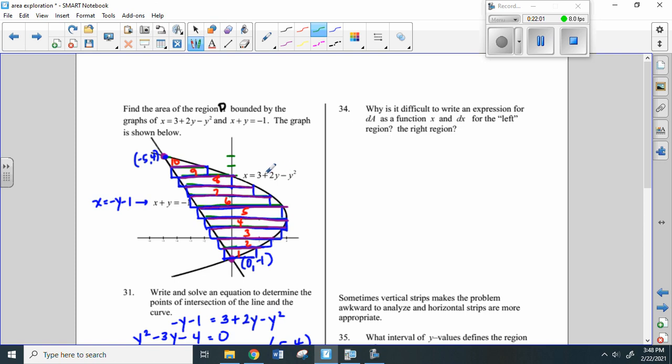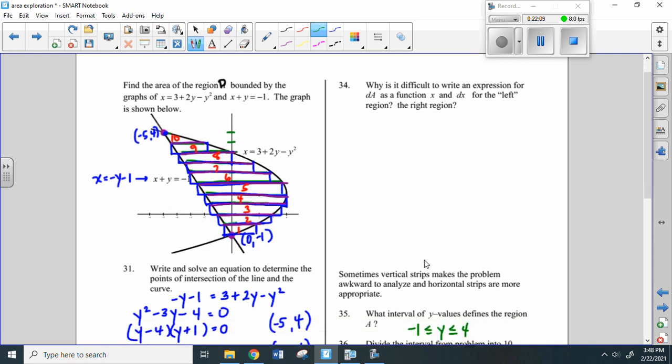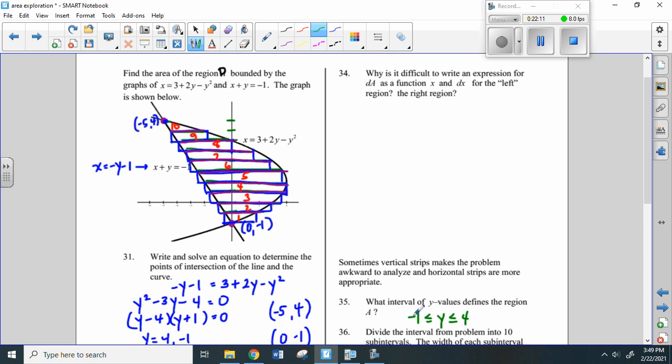If it's much easier to solve for x, then you're going to need to use horizontal strips, and then your intervals are going to have to be y values. That was the purpose of that particular example. And that concludes our exploration on area.